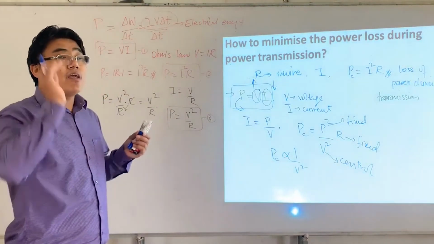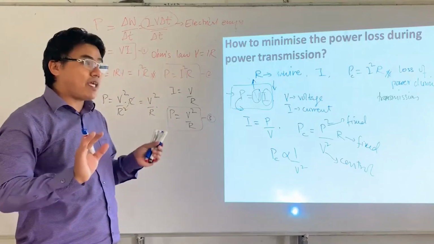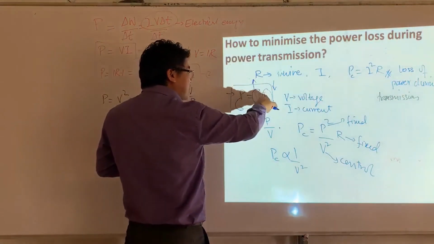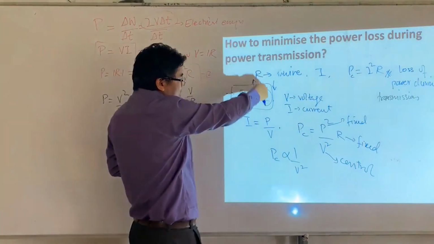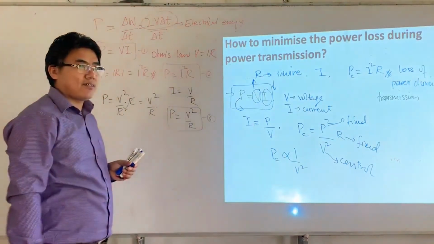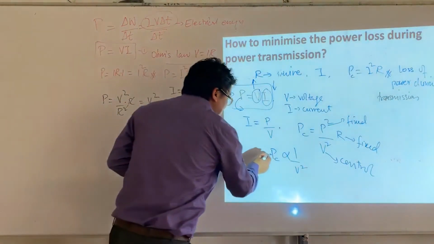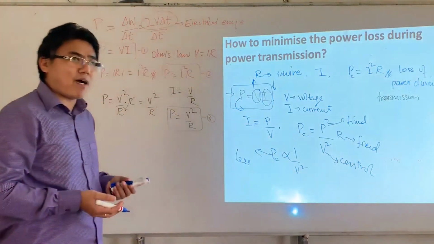Just now I told you the power which I am going to send from the powerhouse is fixed. So if I change V, simultaneously I will change I. If I increase V, I has to decrease. So if I increase V, then this is going to be less. This is how we minimize.